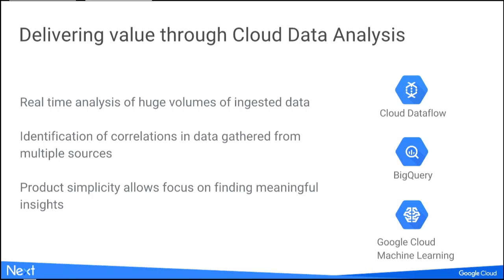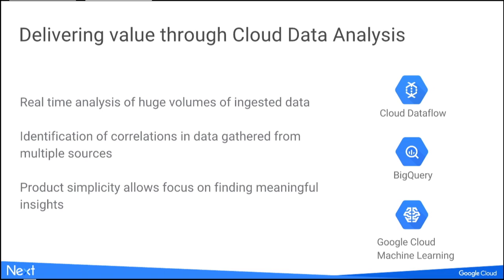Once you've ingested the data at scale, the next thing you want to do is really process it. And for industrial IoT applications, often real-time analysis and real-time insights become really critical. And so Dataflow is a great product which allows you to constantly receive a stream of data from PubSub, and then continuously analyze it.